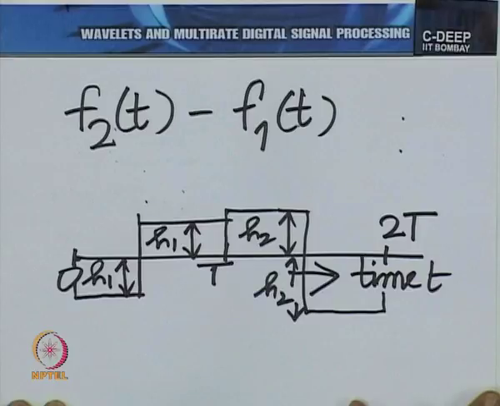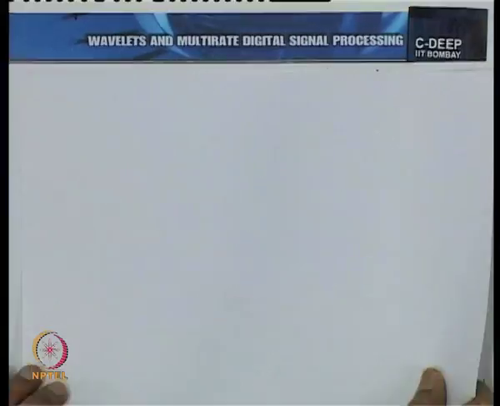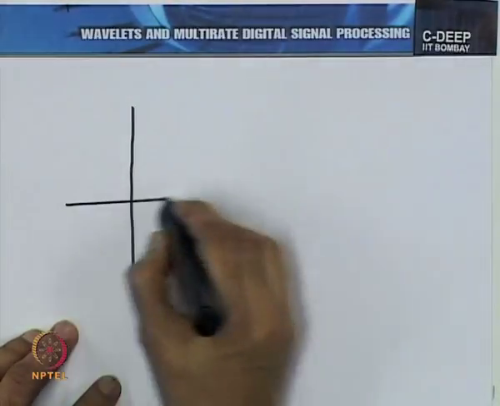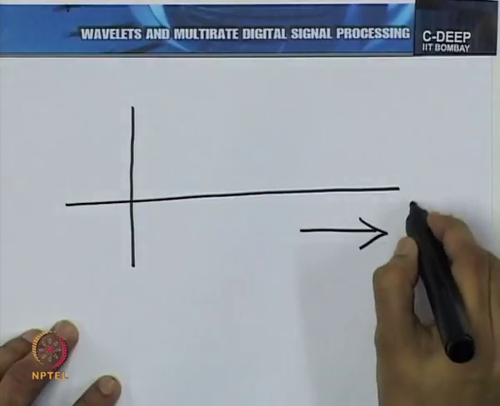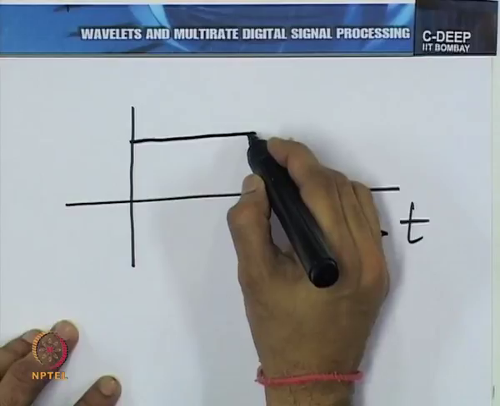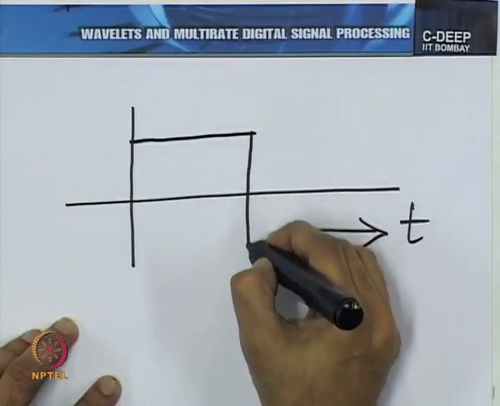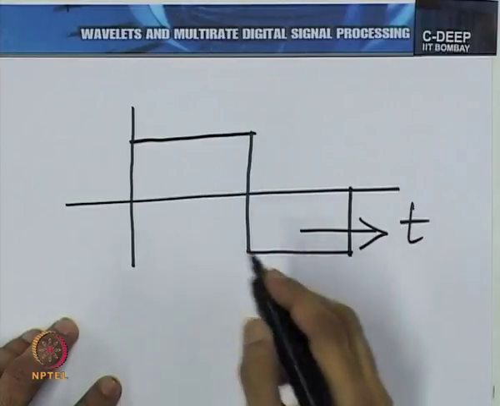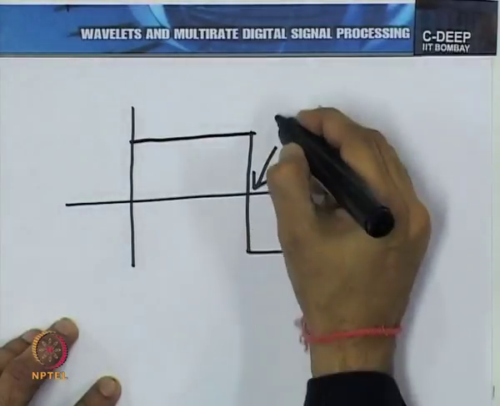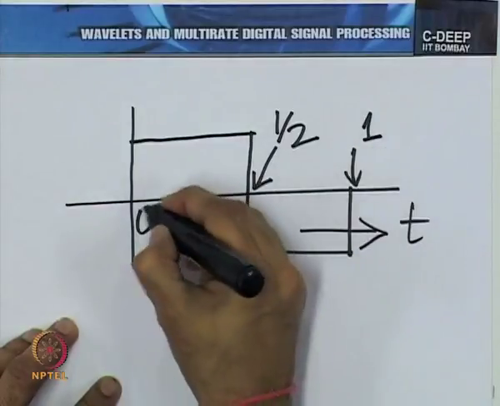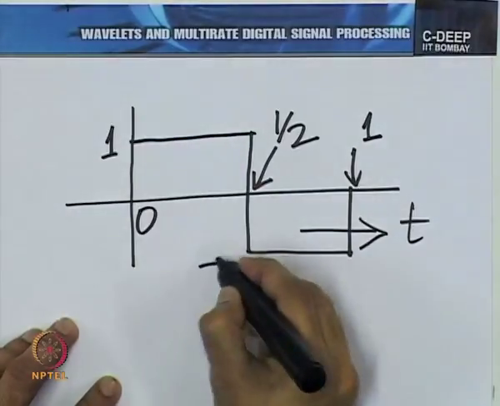And what is that function? Suppose I were to visualize a function like this. One over the interval from 0 to 1/2 and minus 1 over the next half interval. This is the point half, this is the point 1, point 0, 1 here and minus 1.